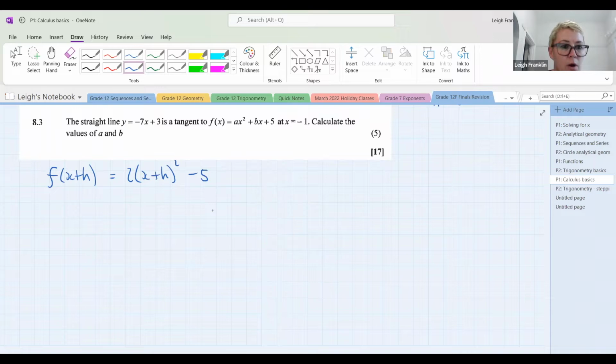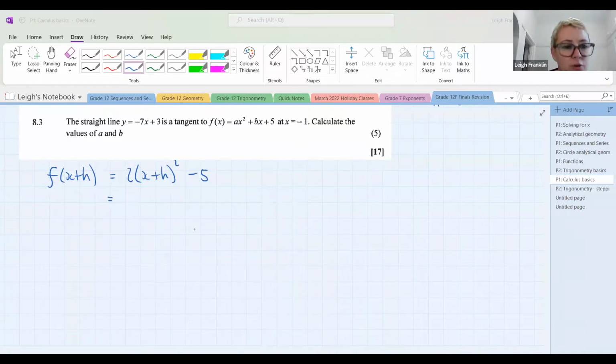Be careful now when you square your binomial. Remember, when you square a binomial, how many terms are we expecting to get? We want 3 terms, quite right.